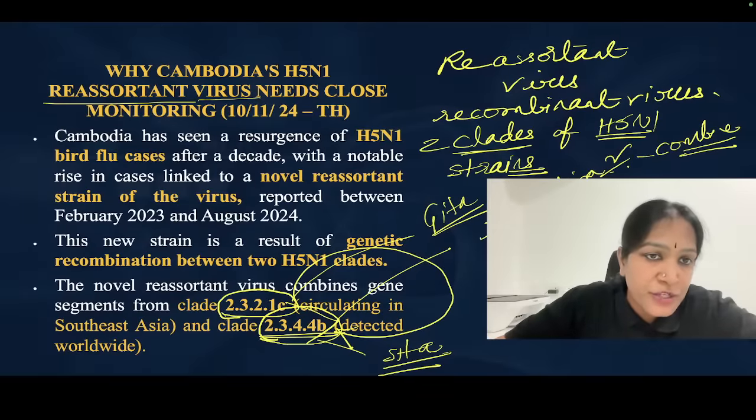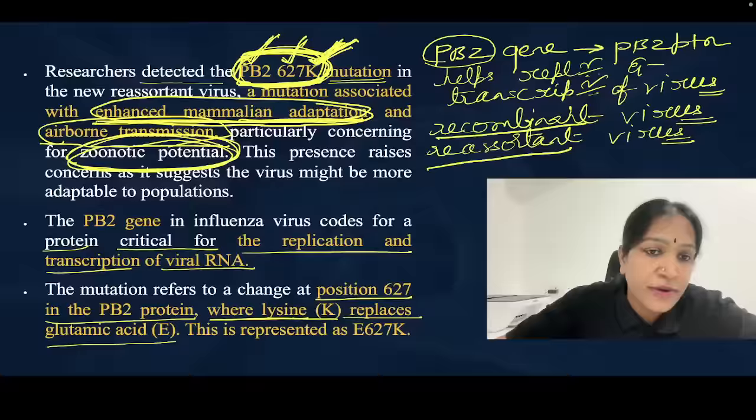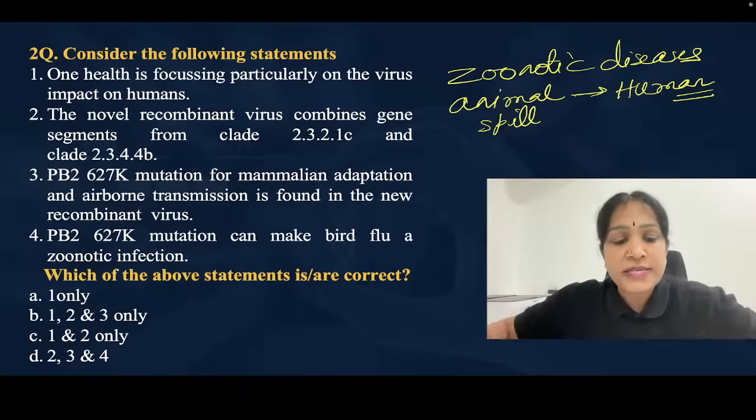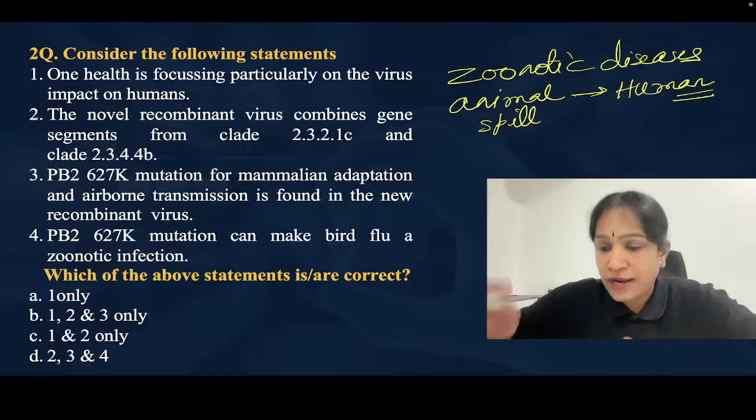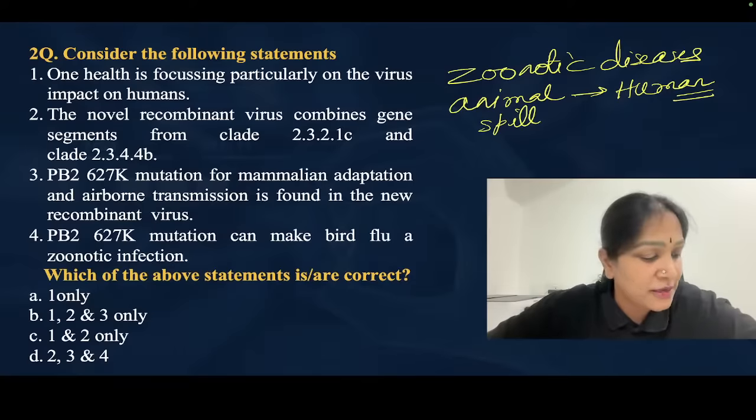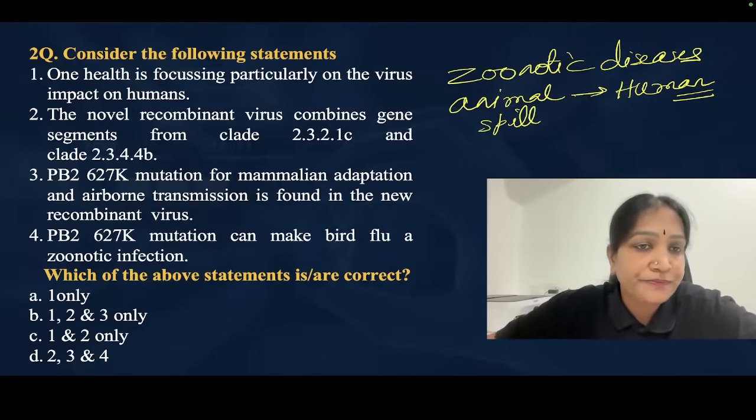This article was published in The Hindu, 10th November 2024. Now, participate in the poll. I don't have a poll, but go through this question and try to answer. Consider the following statements.